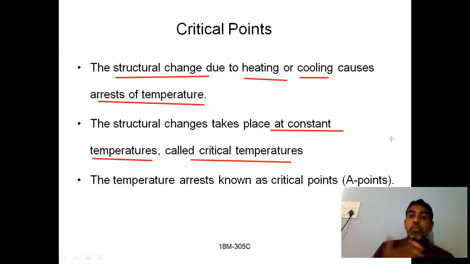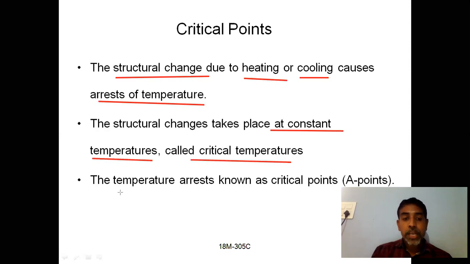While you are heating or cooling, a structural change will occur. During that structural change, the temperature remains constant, that means the temperature is arrested. Those are known as critical temperatures or critical points.